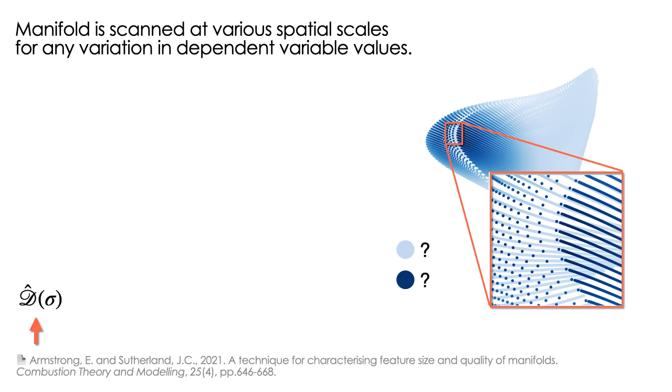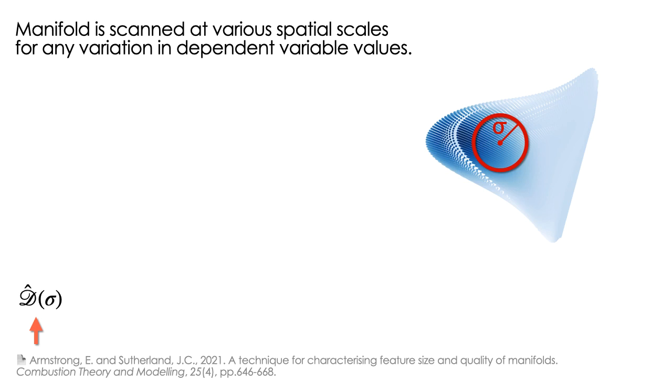And the starting point for building our cost function is the work done by Elizabeth Armstrong and James Sutherland. They proposed this metric, this d hat metric, for characterizing manifold quality. And basically how this metric is constructed is we scan that manifold for any variation in the dependent variable values at different length scales.